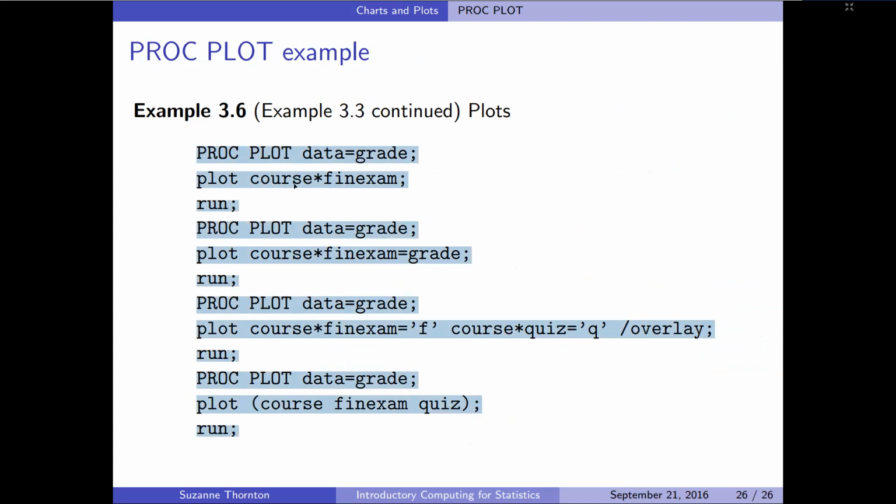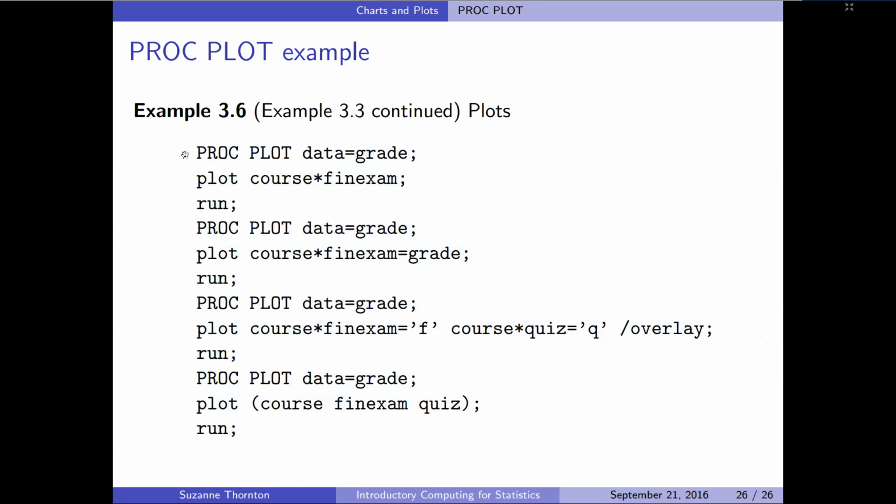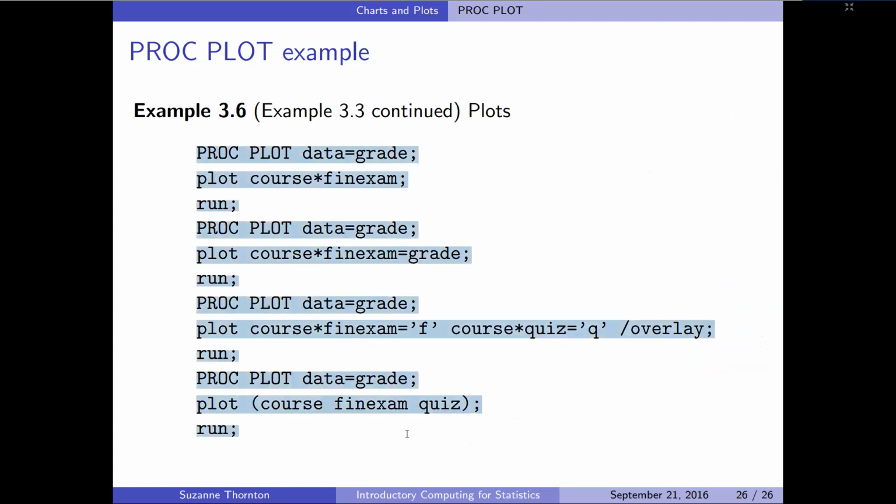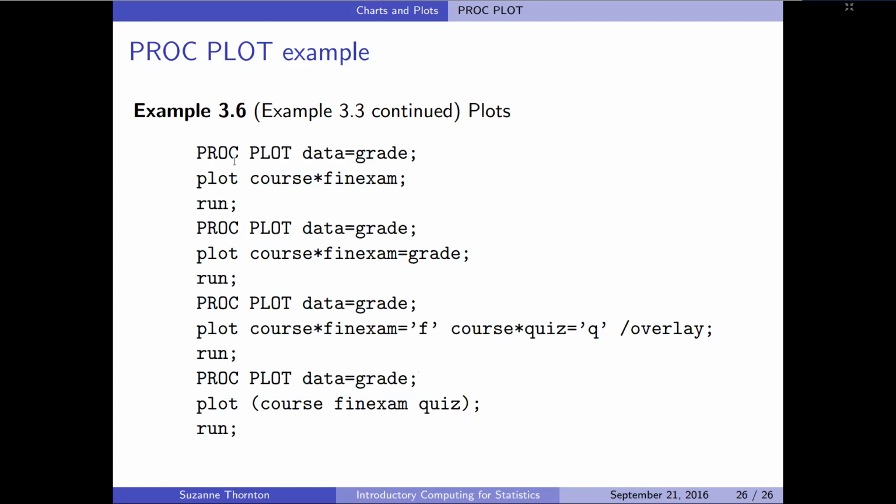Here let's do a quick remark on those 4 different plots. For the first one, we will just plot course against final exam. And for the second one, we will also plot course against final exam, but each of the observations will be marked by its value from the grade variable.